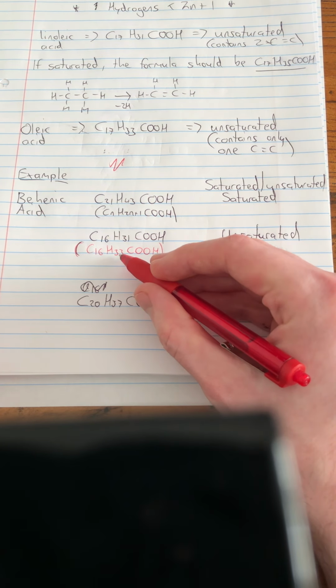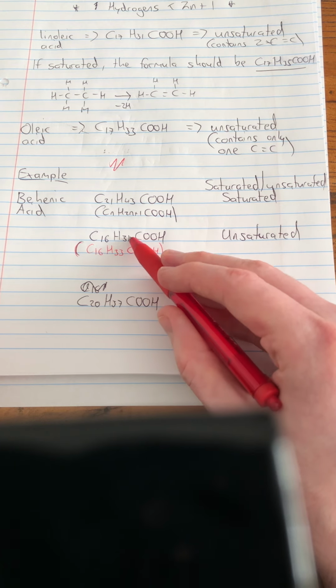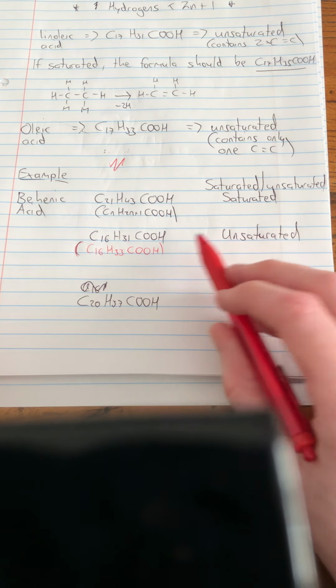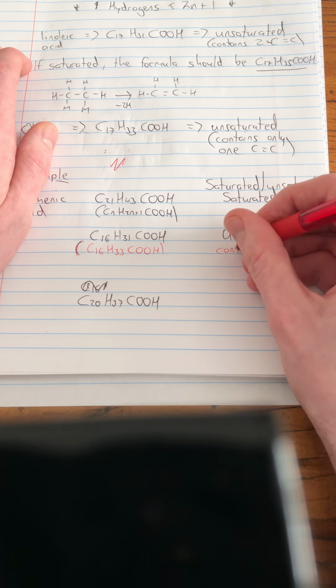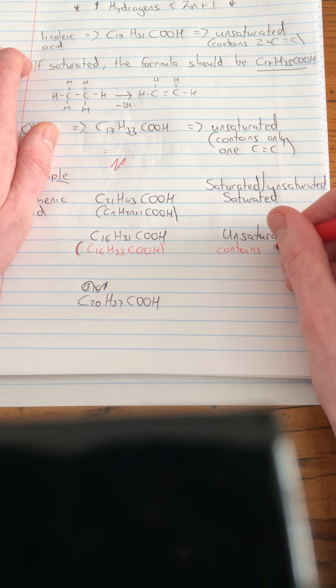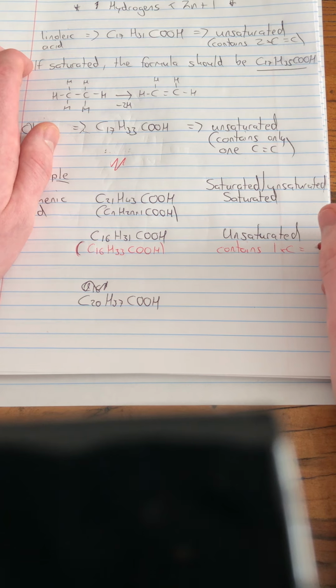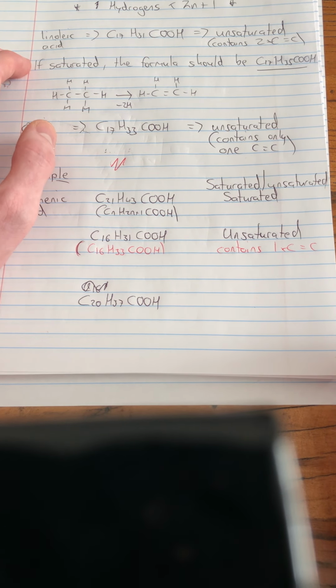So you'd expect that. However, because it's less, it's unsaturated. And because it's 2 hydrogens less, this means it contains 1 carbon-to-carbon double bond.